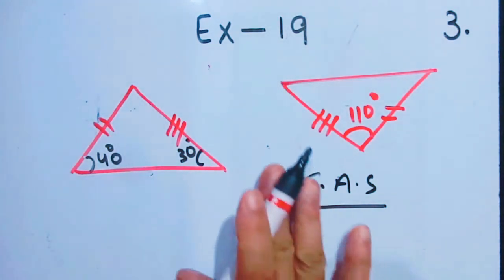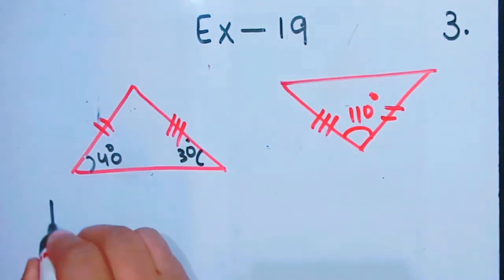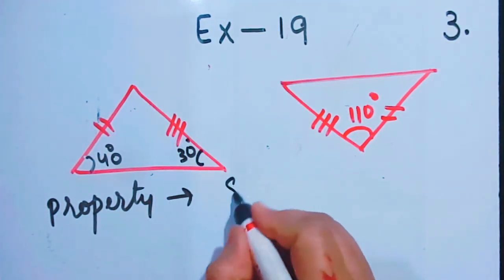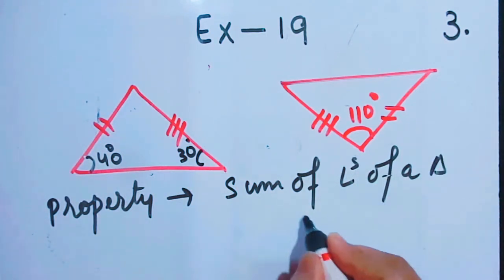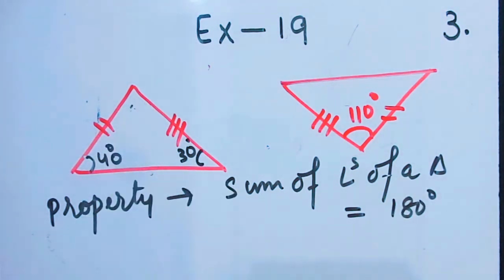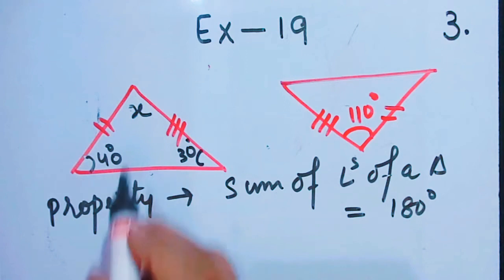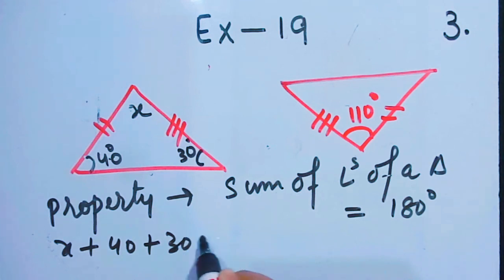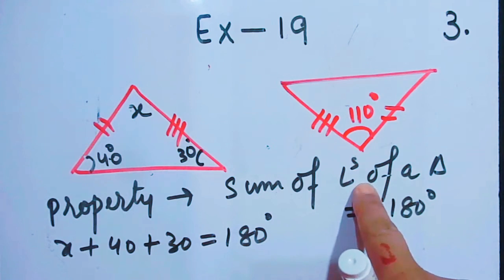Since this angle is not given but they have given you the other two angles, we use the property, which property? The sum of angles of a triangle is equal to 180 degrees. We shall be finding this particular angle. Let me put it here as x. Now x plus 40 plus 30 should be equal to 180 degrees on the basis of this property.